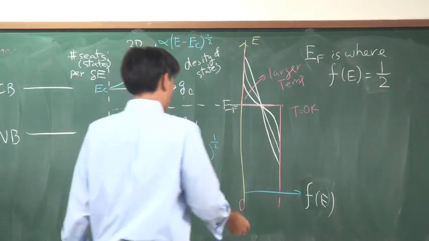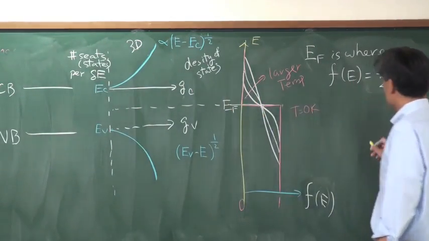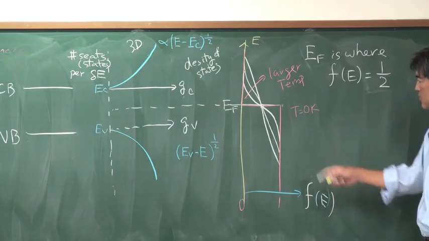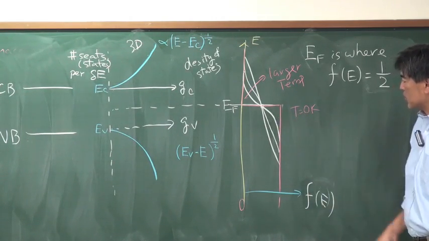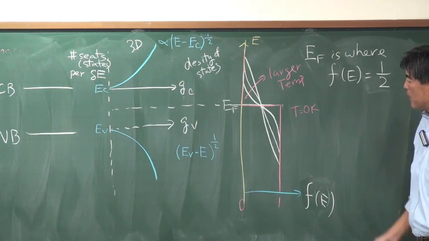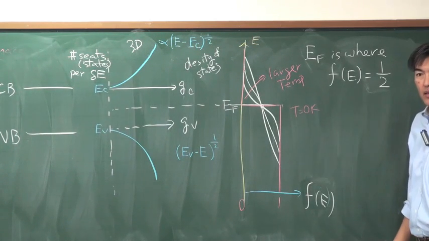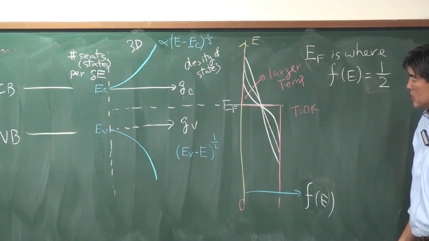So basically, this difference here shows how much holes we find, how probable it is to find holes. Okay?